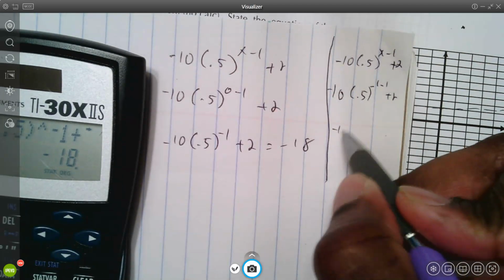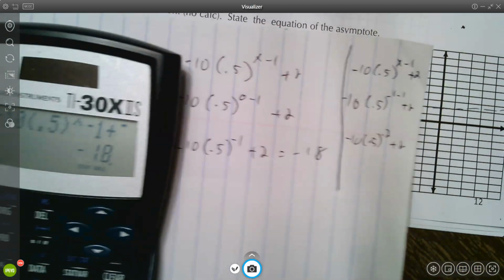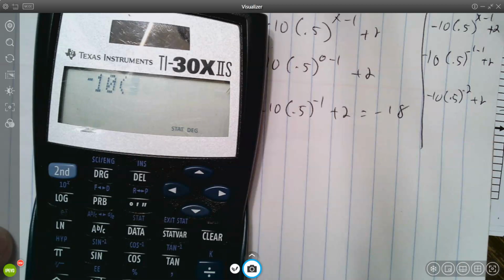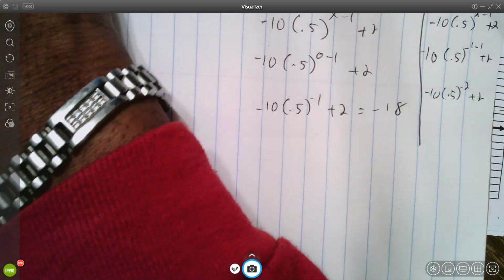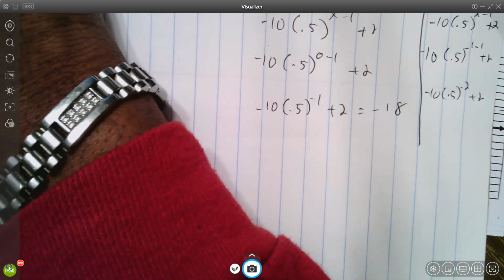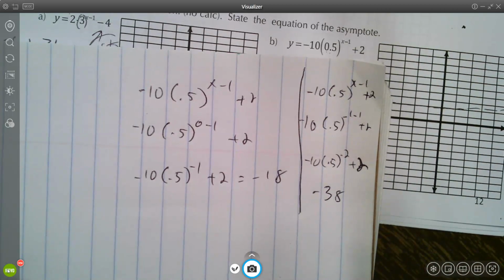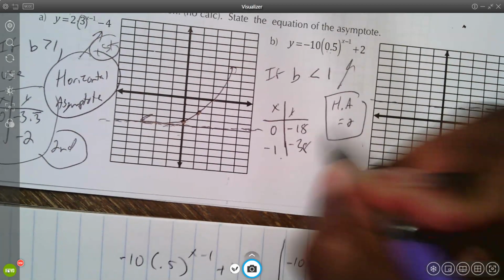So it's -10 times 0.5 to the -2, plus 2. And the output's -38. My graph is not big enough to actually graph that, but I'm going to write this down as -38.